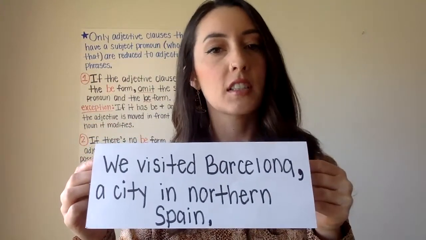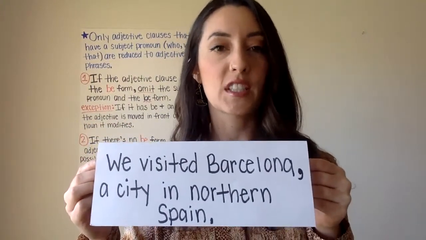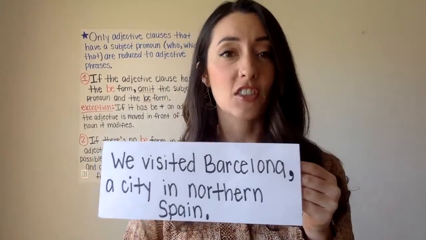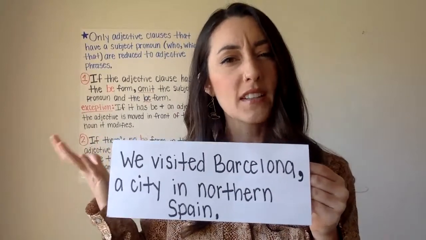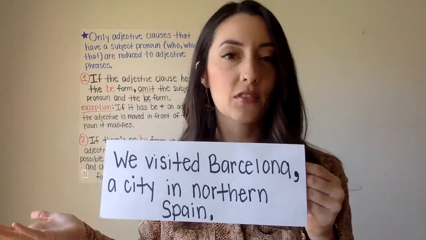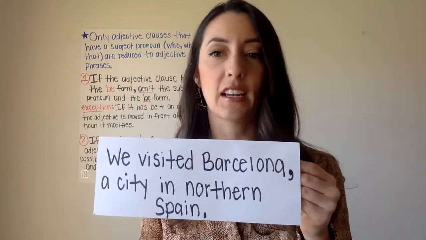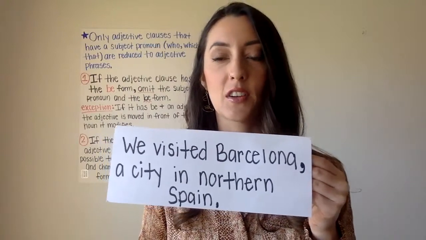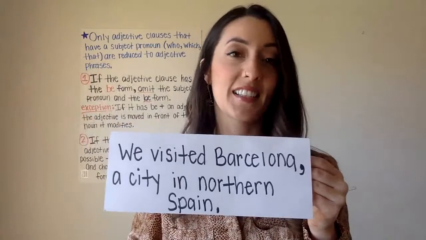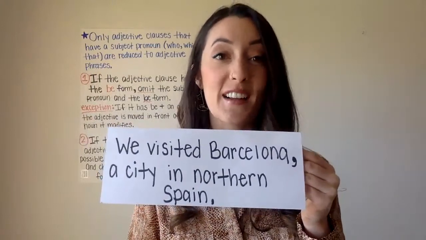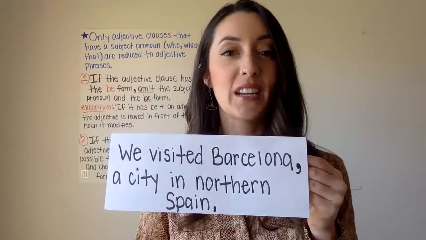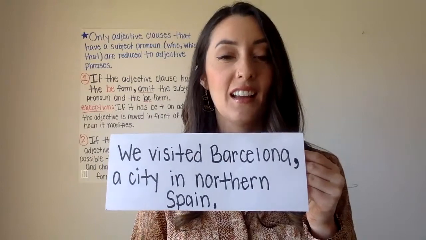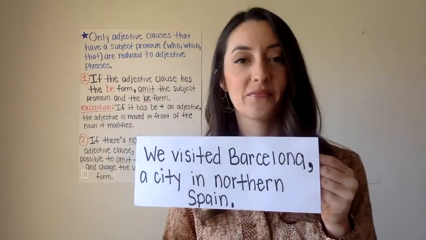This is already the adjective phrase. What do you think we took away from the clause to make this the phrase? So this is the opposite. You need to add a subject pronoun and a verb. We visited Barcelona, a city in northern Spain.